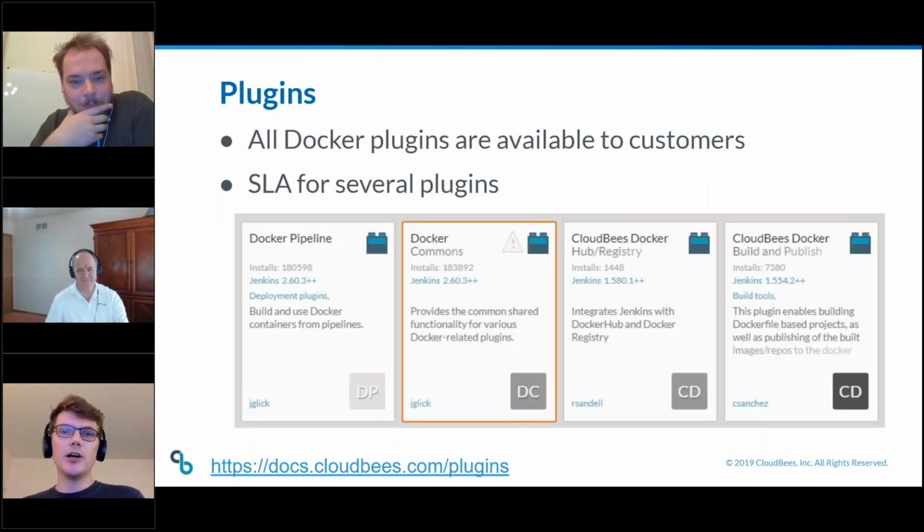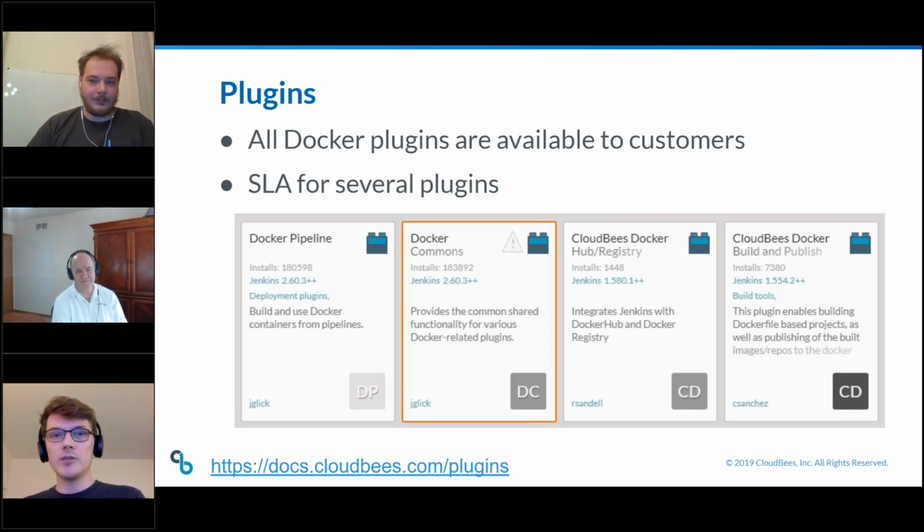About the plugins, we have a functionality that we will be speaking about a bit later. But here you need to know that all the plugins are available to customers, all the Docker plugins, sorry, and we put some SLAs on several plugins, and on different levels of support.